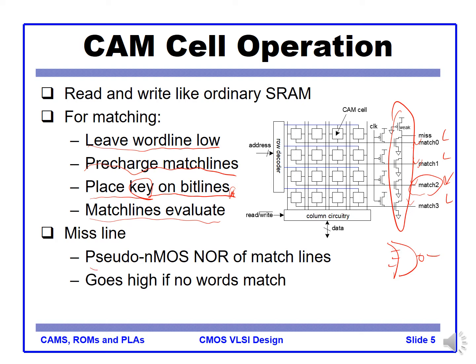So a pseudo-NMOS NOR is best for a large number of inputs as shown here. The output miss will go high if no words match. Here, driven by the precharging, this PMOS is used to precharge the match line, as I mentioned before.